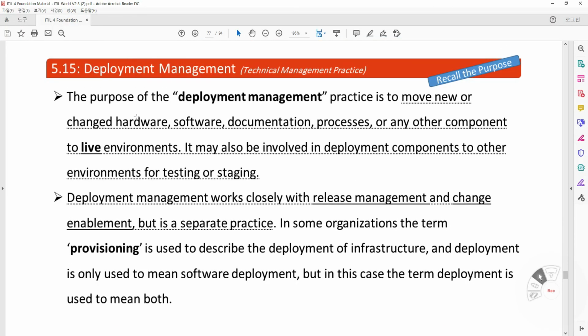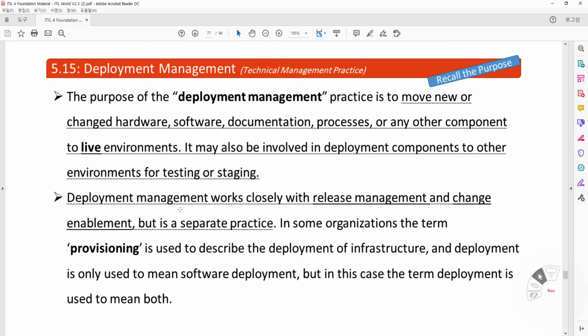Deployment management. The purpose of the deployment management practice is to move new or changed hardware, software, documentation, processes, or any other component to live environments. It may also be involved in deploying components to other environments for testing or staging.